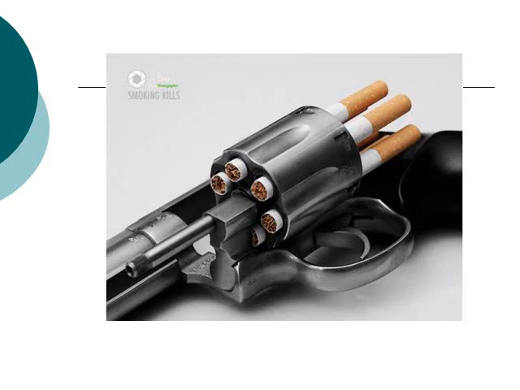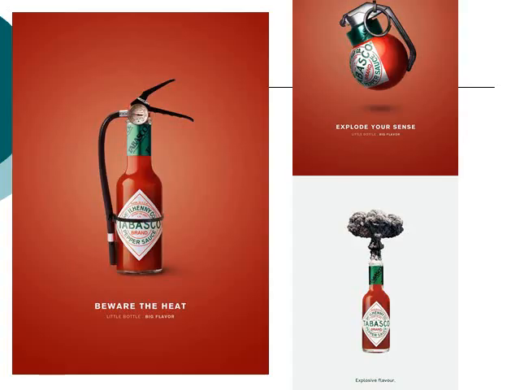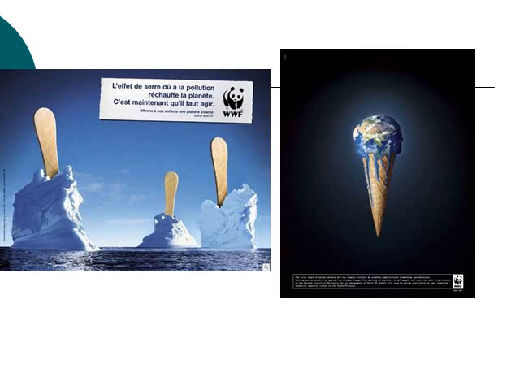So for example here, cigarettes are compared to bullets in a gun. Now in this ad, the sauce looks like an extinguisher to showcase how hot it is. In this ad, which addresses the problem of global warming, the Earth is compared to a melting ice cream cone.